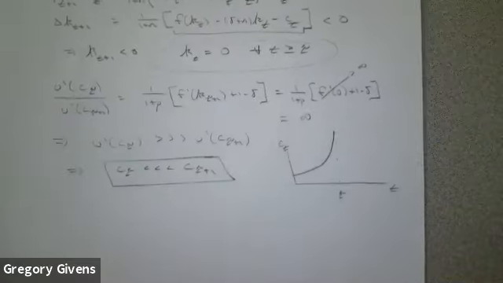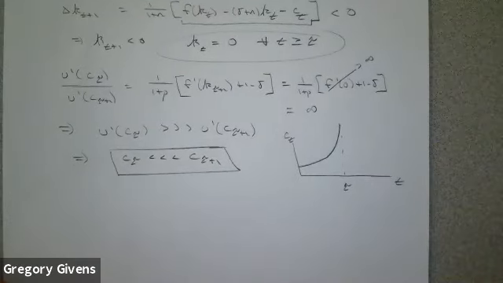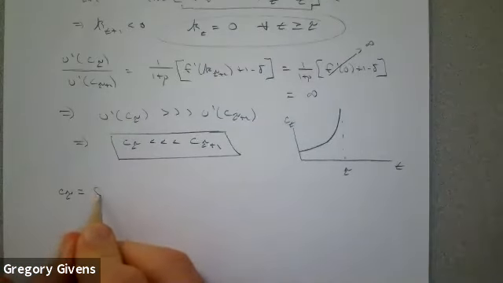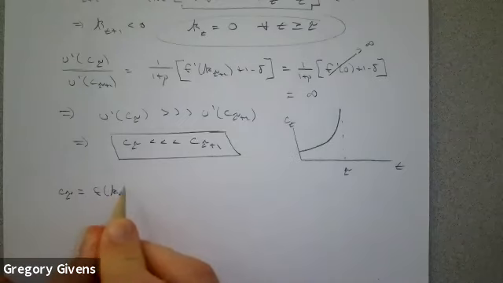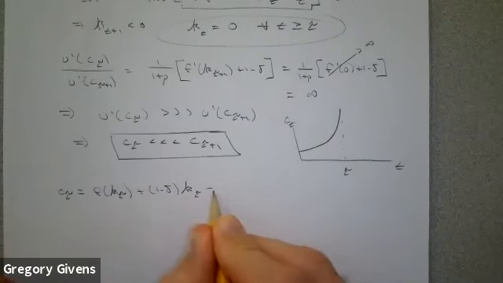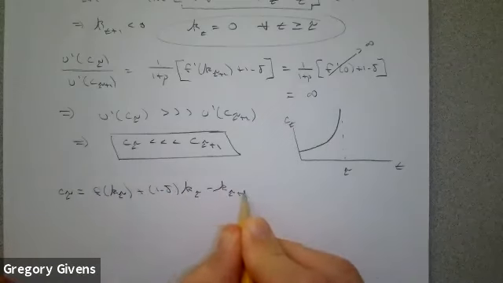Okay, well, what do we know from the resource constraint? C tau is equal to F of K tau plus 1 minus delta K tau minus K tau plus 1.